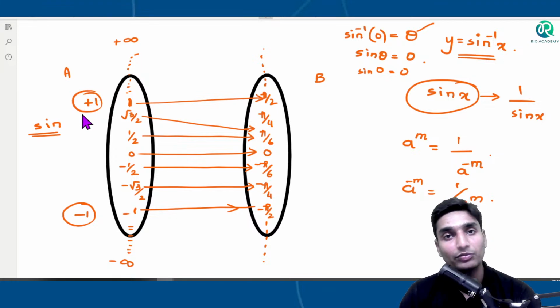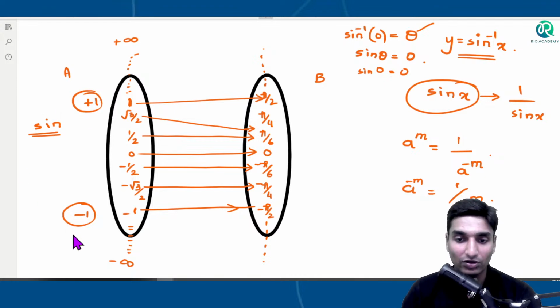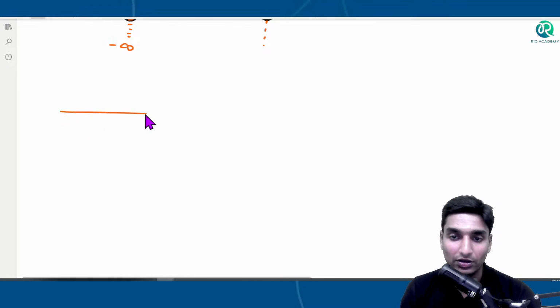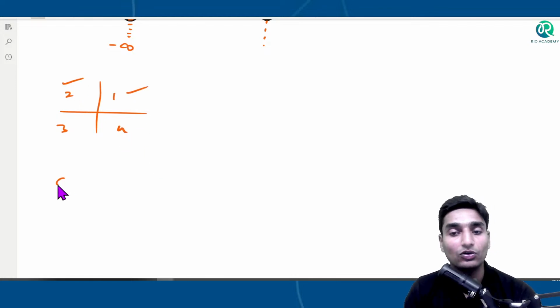And what can be the least value, guys? Of course it will be in negative form, negative 1, when the angle is negative 90 degrees. But if you know, on the basis of quadrants, in the first and second quadrant, the value of sine will be positive.